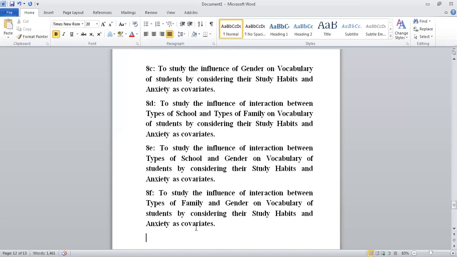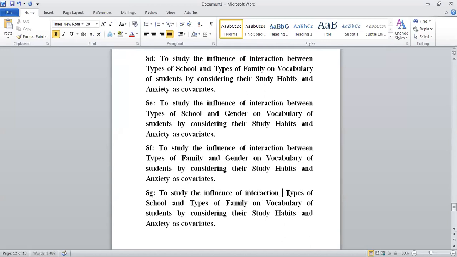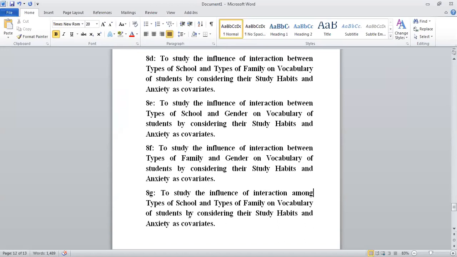And then G will be to study the influence of interaction among types of school, types of family and gender on vocabulary of students by considering their study habits and anxiety as covariates.